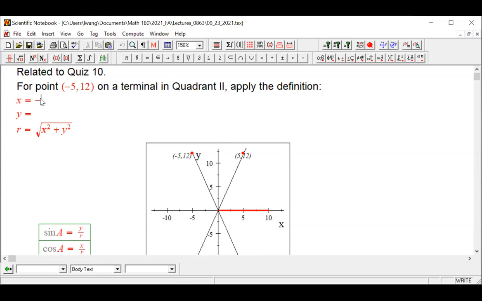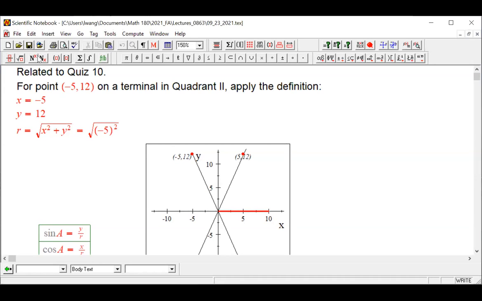So X is -5, Y is 12. When we plug in, you're going to have -5 squared plus 12 squared, and then you work your magic. So 25 plus 144 equals the root of 169, and that R is going to be 13.